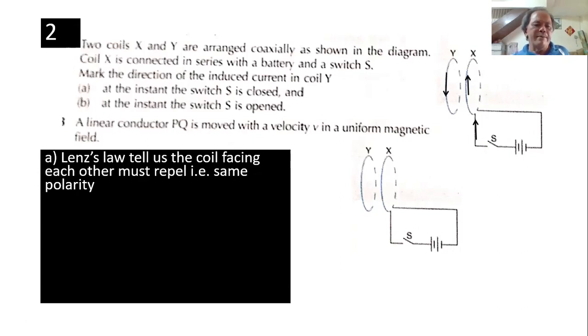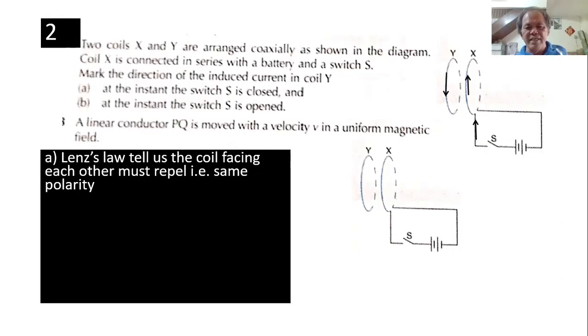Okay, let's look at B. At the instant the switch is open. First part, the switch is closed, the current is rising, so you want to oppose the rising of the current.